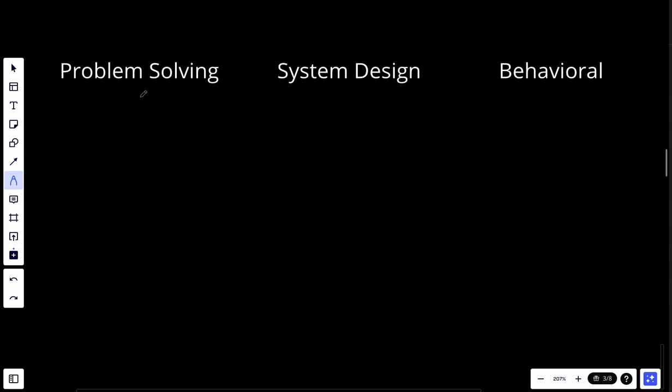So problem solving would be like 30% of your work. Okay. System design will be maybe like 40%. The behavioral interview will take more than that.